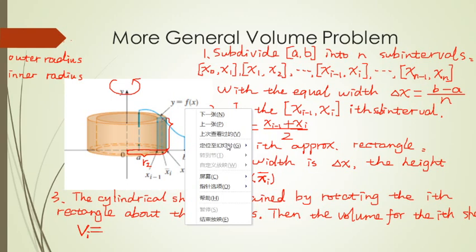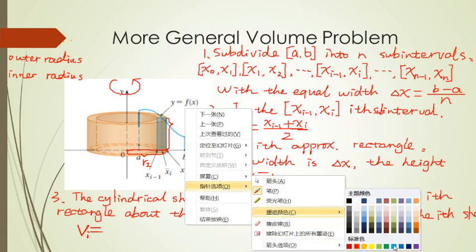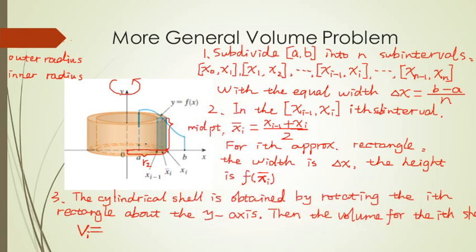What is the inner radius? Let me choose a different color. From here, the base circle we draw, this one gives the inner radius R1, right? So of course you will check that the outer radius R2 is xi, right?